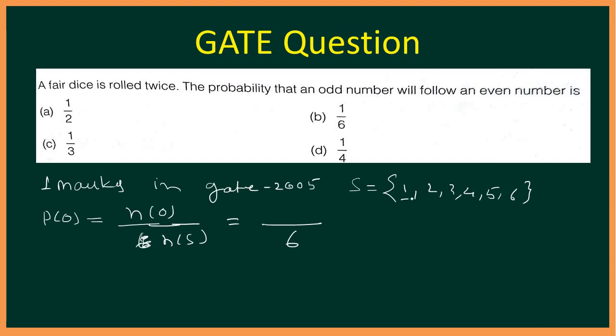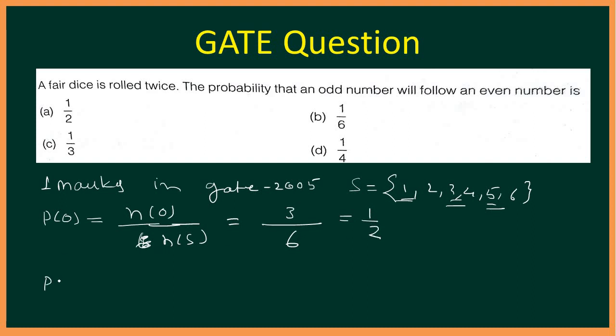Here we can see 1 is an odd number, 3 is odd, and 5 is odd. So the number of outcomes for an odd number is 3. So the probability of getting an odd number in the first throw is 1 by 2.